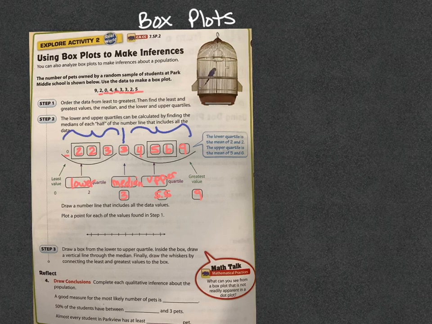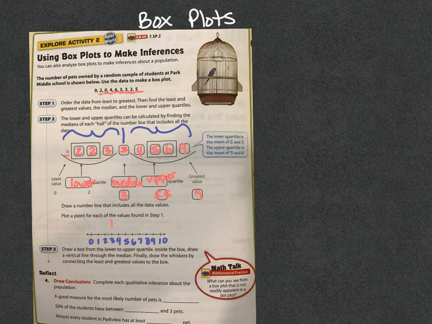And here's how it will look on the number line. So let's number our number line, 0 through 10. And then I'm going to mark with a line the median. Then I'm going to mark with another straight up and down line the upper quartile.